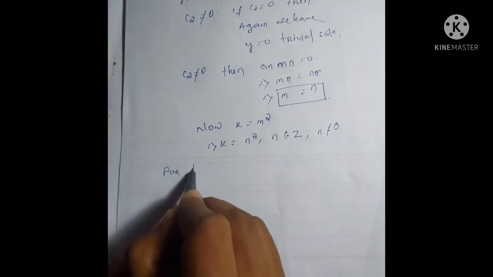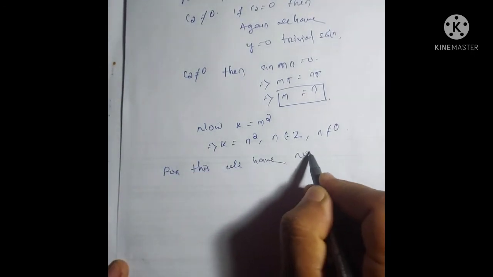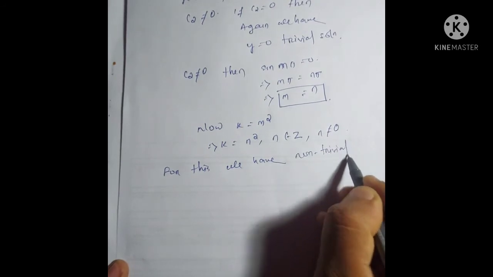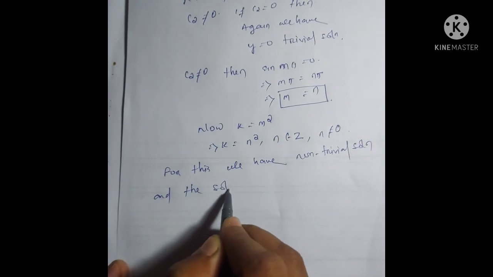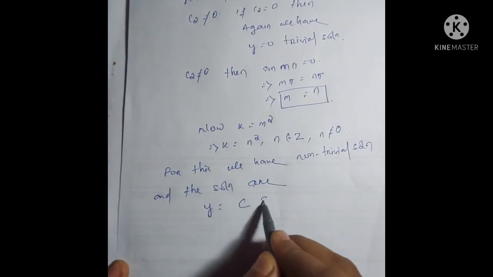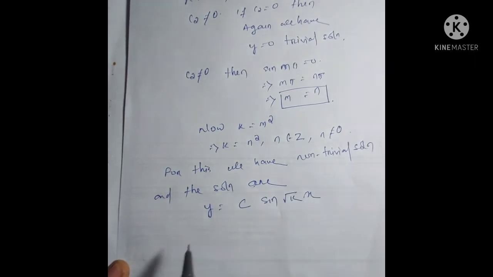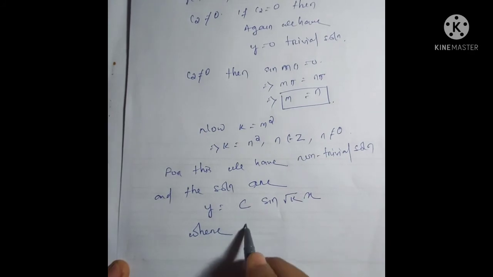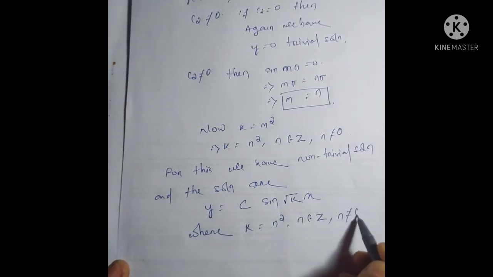For this we have a non-trivial solution, and the solutions are y is equal to c sin root k x, where k is equal to n square and n belongs to the integer set and n not equal to 0.